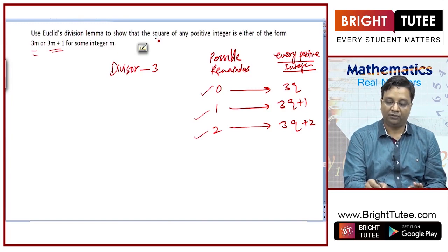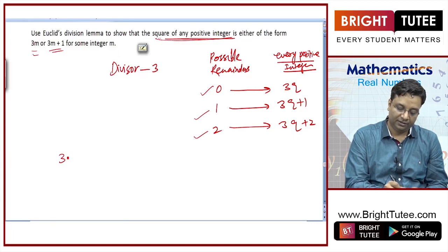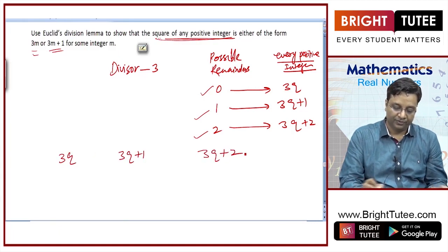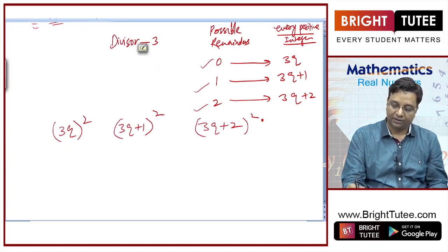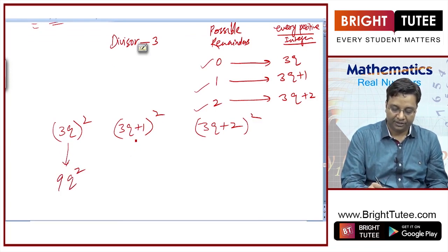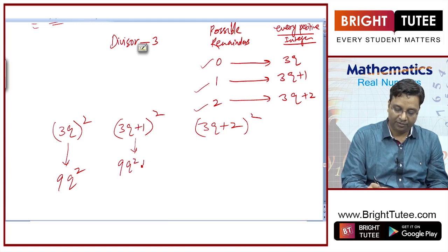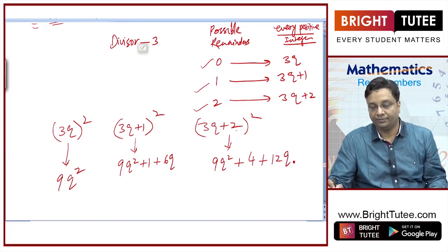Now we have to talk about the square of every positive integer. Okay. Now if I square 3q, 3q plus 1, 3q plus 2, then this will be 9q square, this will be 9q square plus 1 plus 6q, and this will be 9q square plus 4 plus 12q, right.